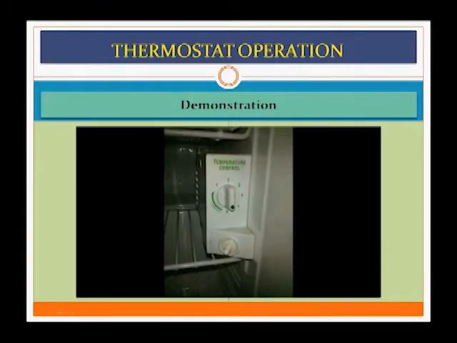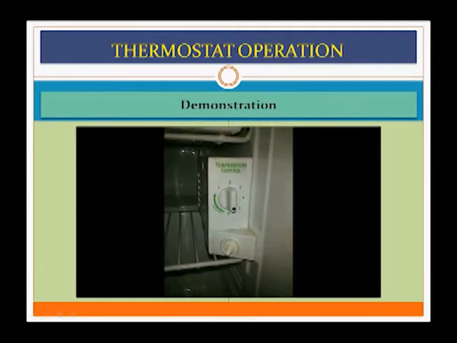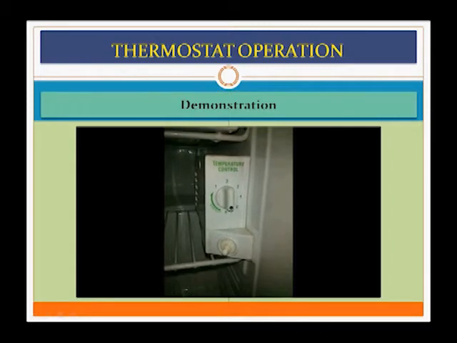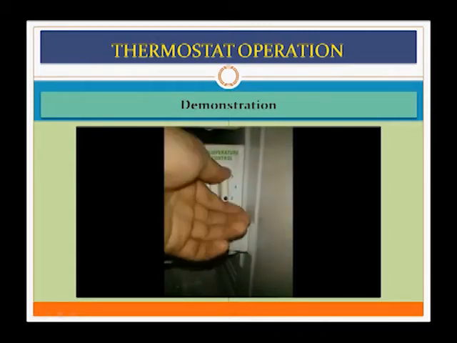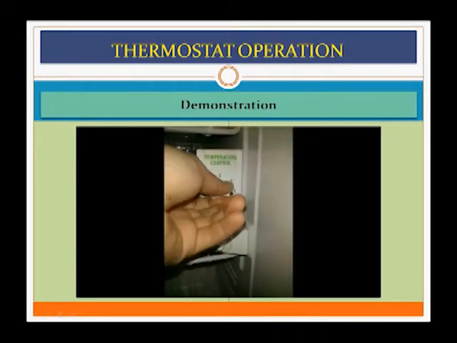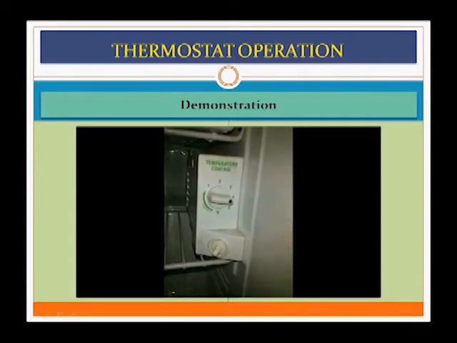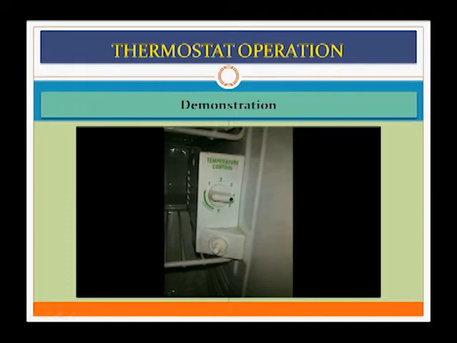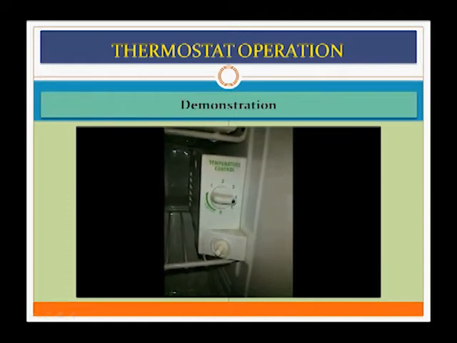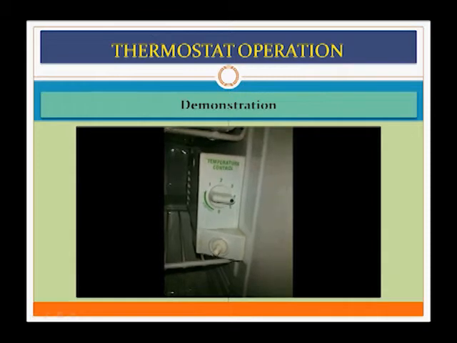A refrigerator thermostat is the controlling component of the refrigerator cooling system. Once a user sets the desired temperature, the thermostat maintains that temperature by sensing internal fluctuations and prompting the compressor to turn on or off in response to those changes.